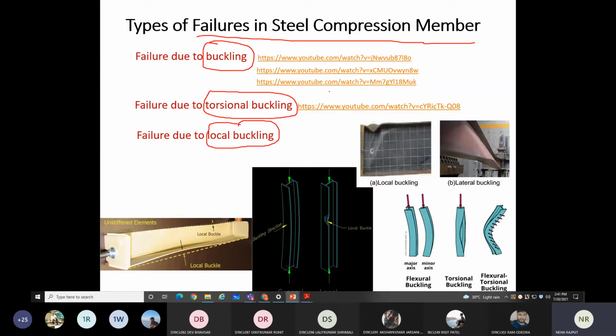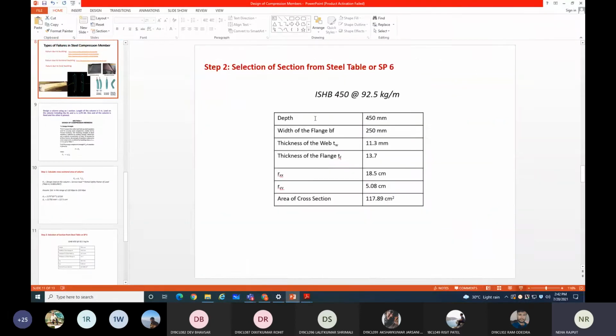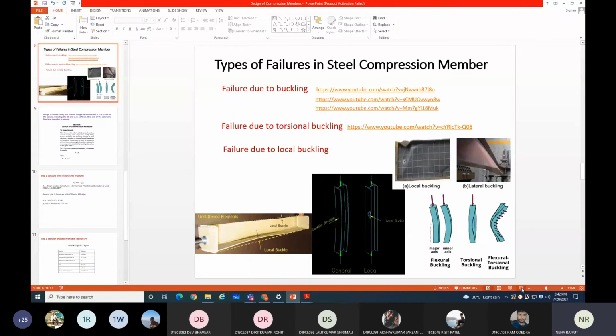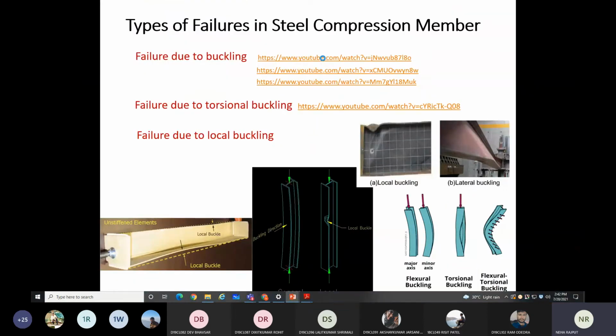First we will see all these three videos, then we will discuss all these figures, and then we can easily understand the difference between buckling and torsional buckling, and between buckling and local buckling. Right, so I'm playing this video.